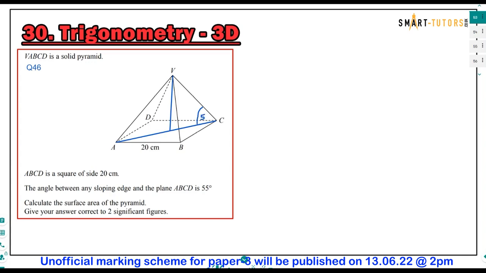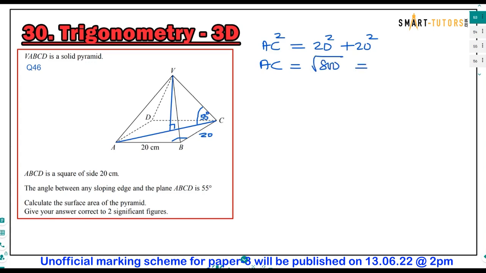You need to understand that this is the 55 and this is 90 degrees. The bottom right angle triangle is this, and this is 20. So easily we can find out AC squared equals 20 squared plus 20 squared, which is 400 plus 400, 800.